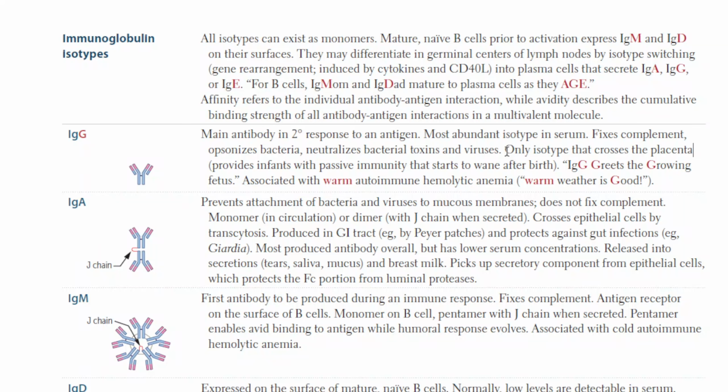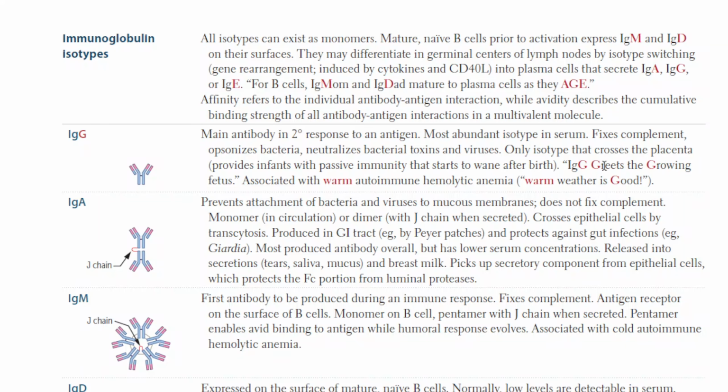This is important for the steps. It is the only isotype that crosses the placenta, providing the infant with a passive immunity that starts to wane after birth. So this immunity disappears 6 months after birth.